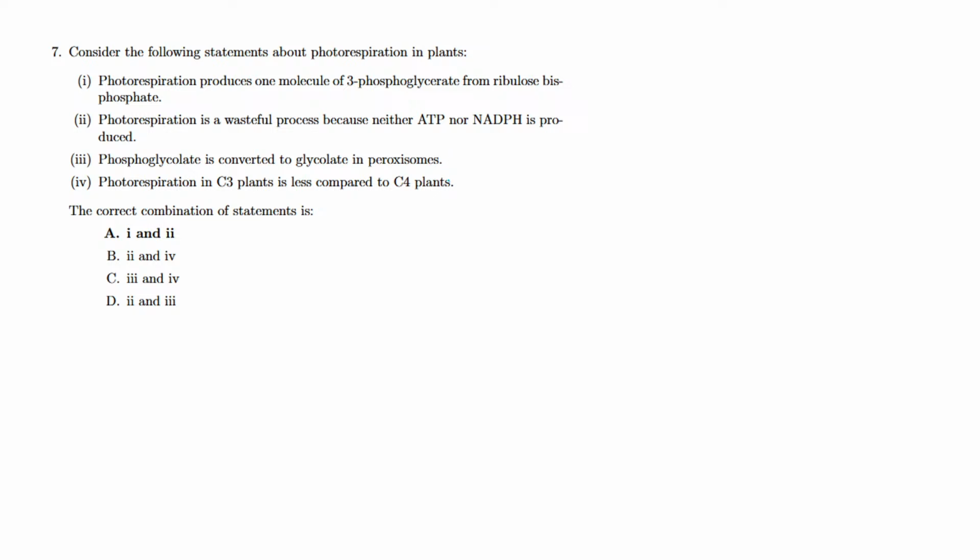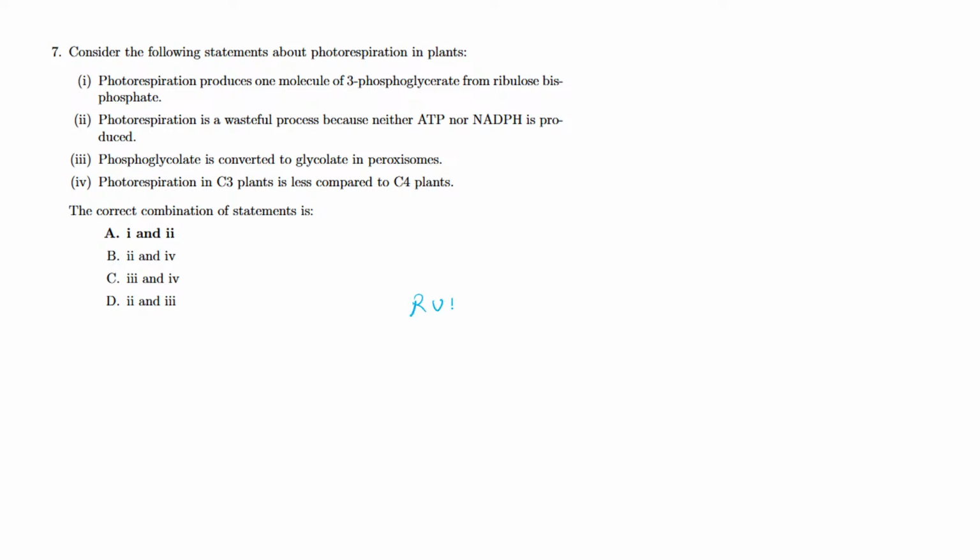Okay, this question is from the photorespiration chapter. In photorespiration, 3-phosphoglycerate is produced from ribulose bisphosphate. So during photorespiration, one molecule of 3-phosphoglycerate and one molecule of 2-phosphoglycolate are produced from ribulose bisphosphate.